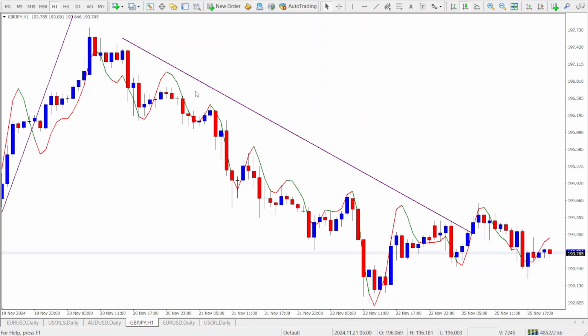Remember that impulse move is the move in the direction of the trend, while corrective move is just a pullback. So when you are trading in the direction of the trend, pay attention to the color changes. When the color changes to green in a sell trend, just know that it is in the direction of the trend, so you can go ahead and enter a sell.